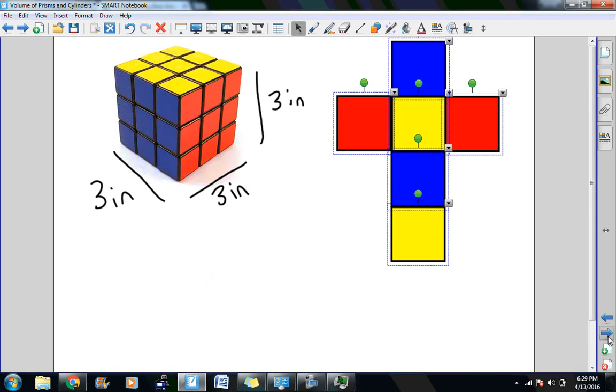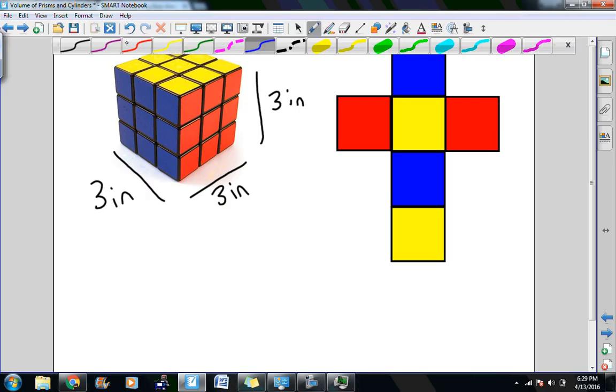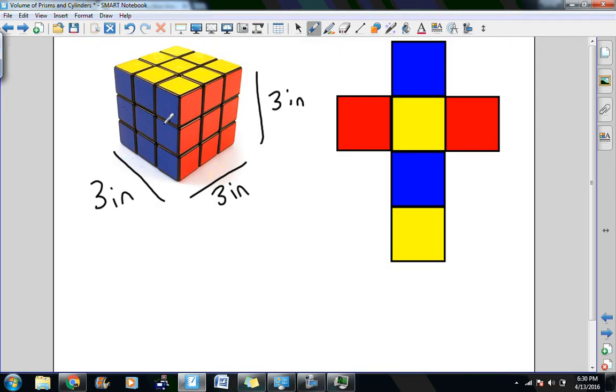So let's start doing some actual math here. So for this figure, we need to take the area of one of the faces and then multiply times the depth. Now this is the net of this figure, which means if you look, since it's being repeated, we could take the area of any face first. Now I'm going to do the area of this piece right here as the front, and then going back this direction we will count as the depth.